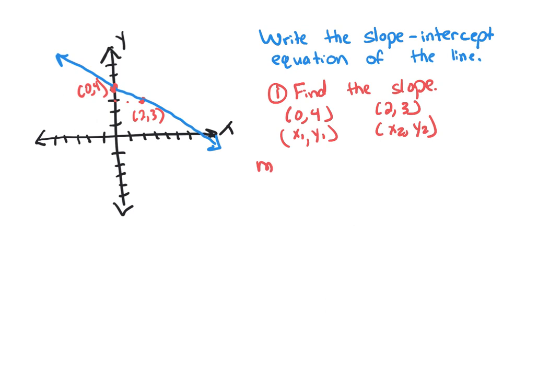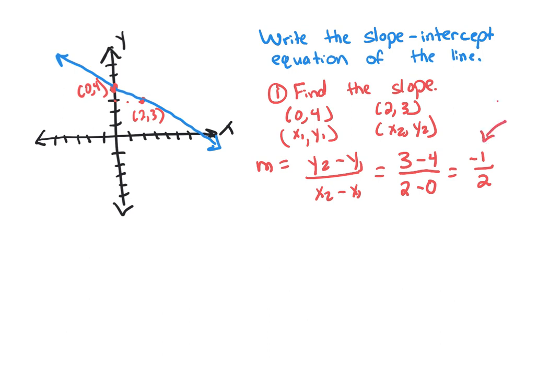We plug into the slope formula, m equals y2 minus y1 over x2 minus x1. So we're doing 3 minus 4, because 4 is our y1. Our x2 is 2, our x1 is 0. So we have 3 minus 4, which gives us negative 1, and 2 minus 0, which gives us 2. So our slope is negative 1 over 2.